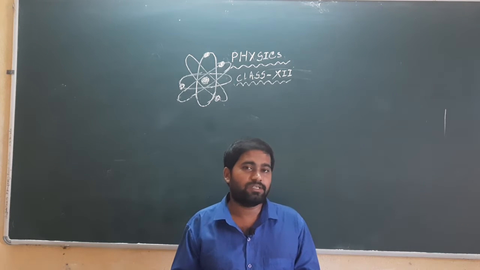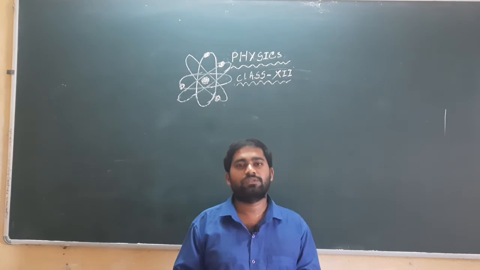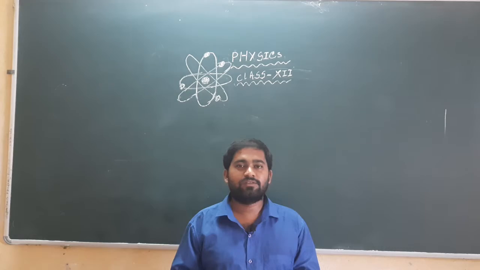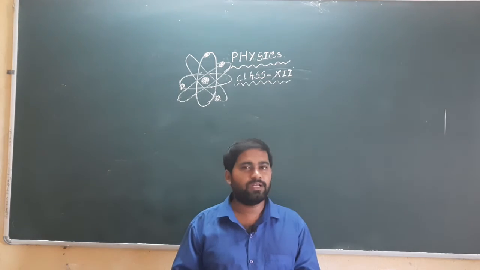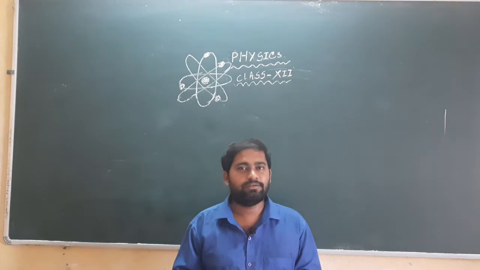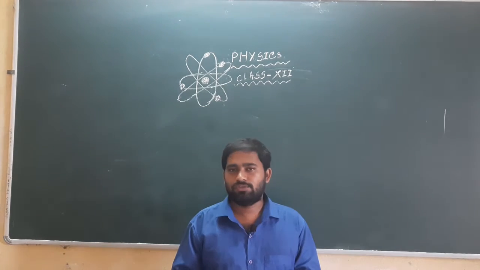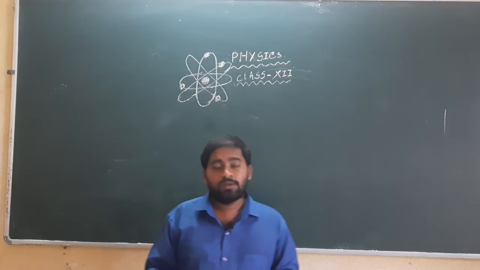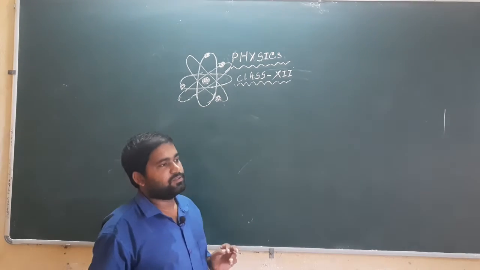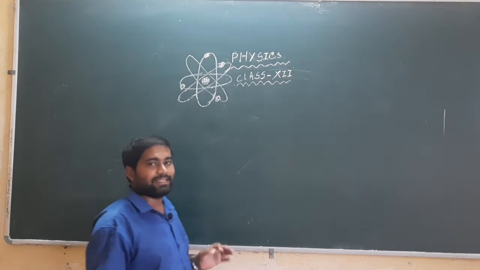We also discussed the different terms associated with half life, and the relation between half life, mean life and the radioactive decay constant. So in this class we discuss the activity.